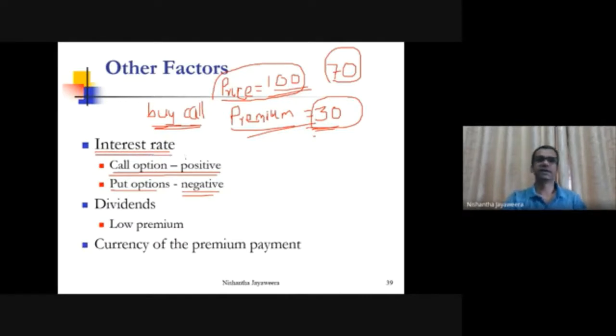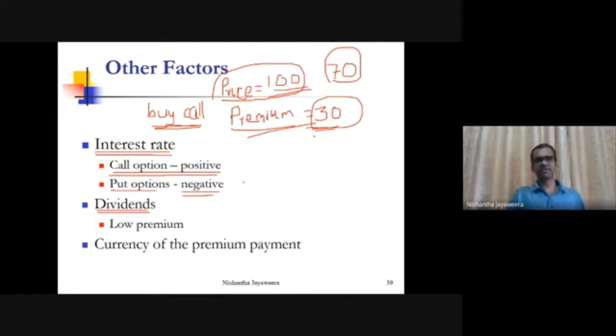So therefore, for put options, there's a negative relationship with the interest rate. When the interest rates are high, put option premiums are low. That is the relationship between option premium and the interest rate. That changes whether it's a call option or a put option. Dividends, as you quite correctly said, who receives the dividend? The dividend is received by the shareholder. If you just buy a call option, you don't get the dividend.